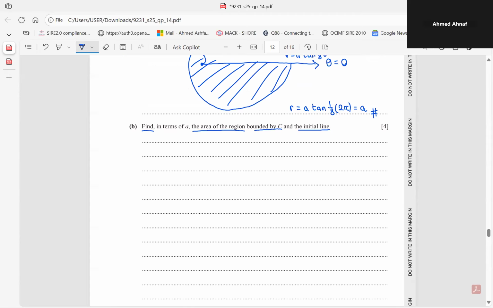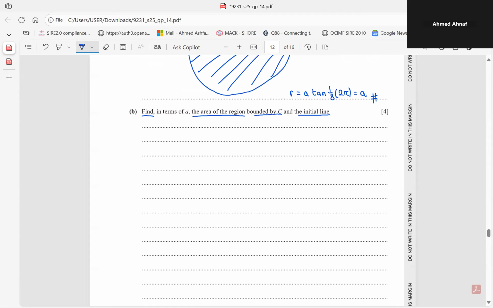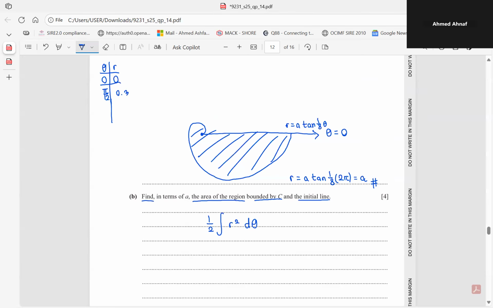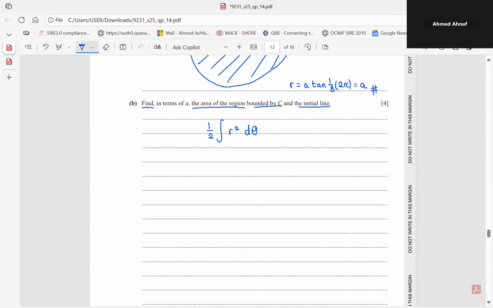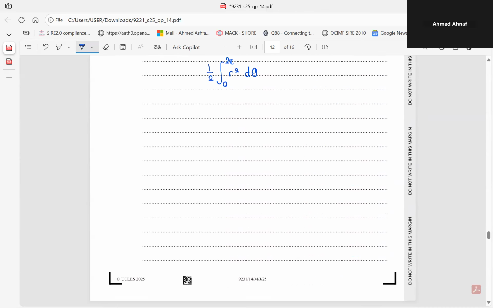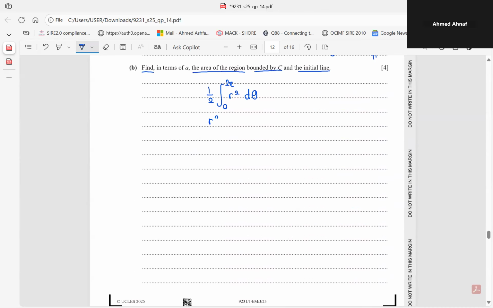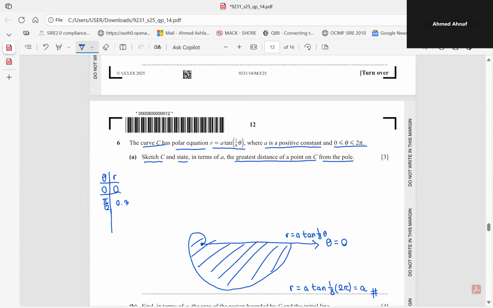To find the area enclosed by a polar curve, it's half times the integral of r squared with respect to θ. For the limits, it would be your minimum and maximum values of θ, so between 2π and 0. Let's evaluate what r squared is first.